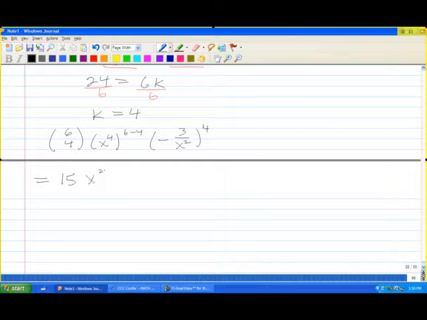X to the fourth squared, since 6 minus 4 is 2. Negative 3 to the fourth is 81. X squared to the fourth is x to the eighth.